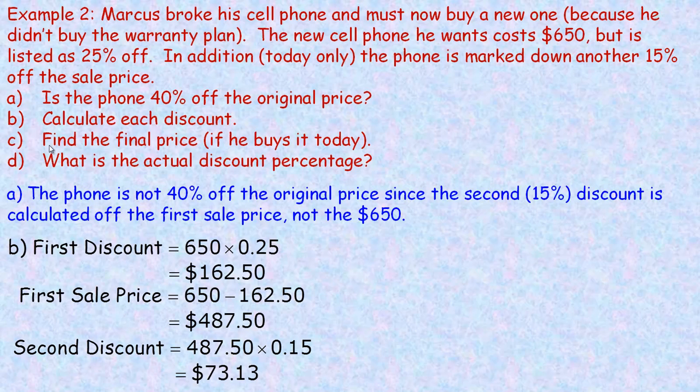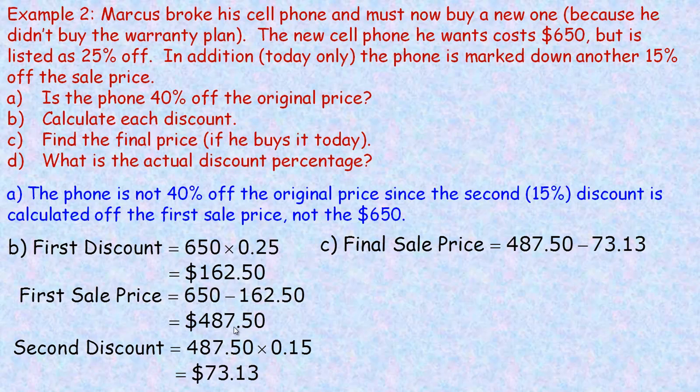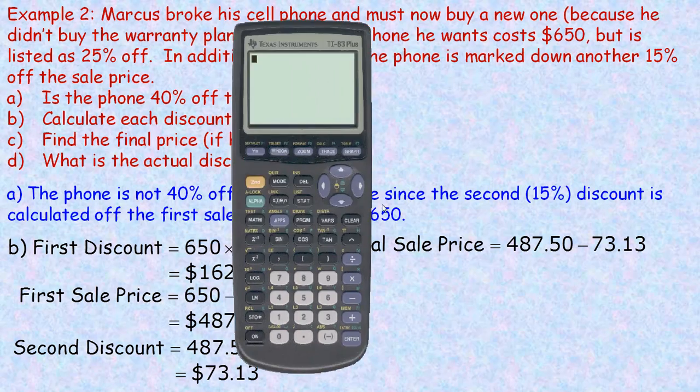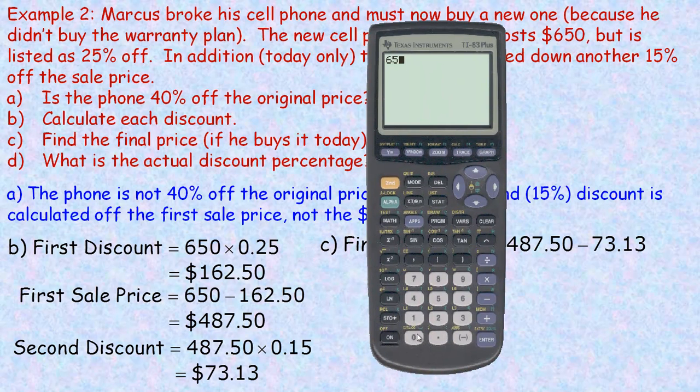Now, C asks to find the final price. We would take this 487.50, the sale price after the 25% off, and subtract the second discount, 73.13. Actually, there's more than one way to do this. We could also go 650 minus the first discount, 162.50, and then minus the $73.13.